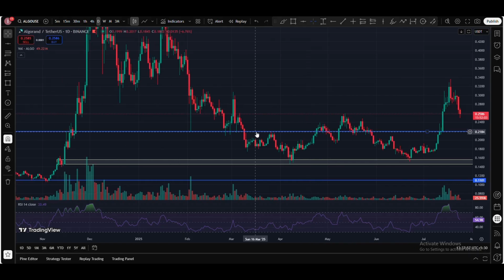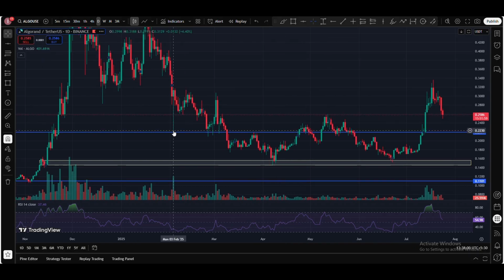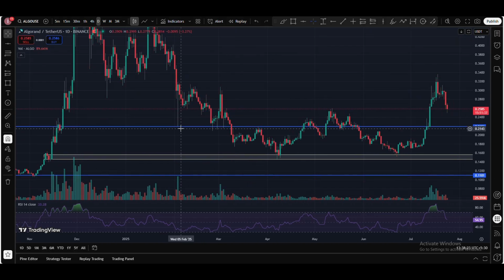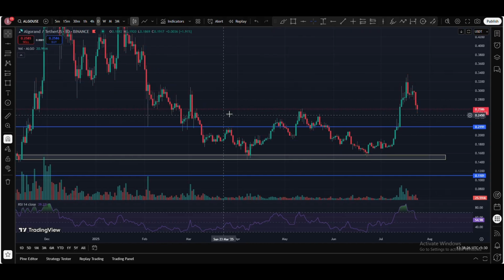This line has very high accuracy because the market previously went to this level and most buying pressure came into the market and the market went up. This level is a key area.